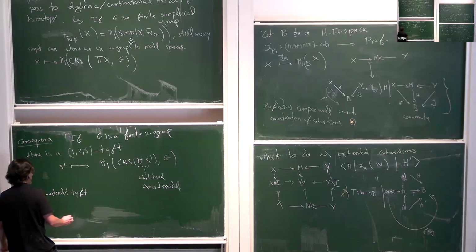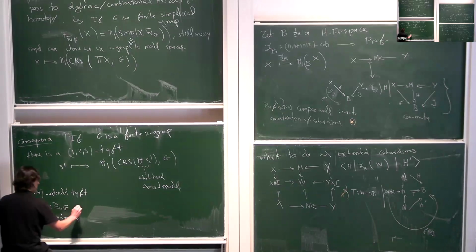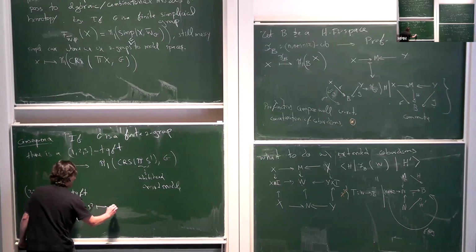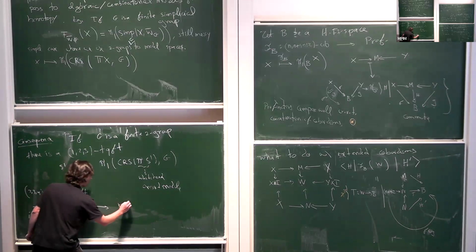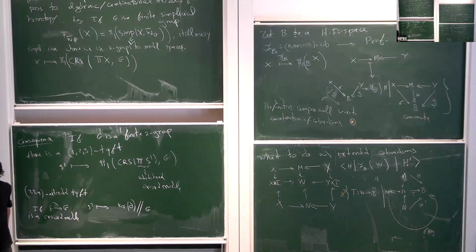For example, if I start with a crossed module of groups, it would send S2 to, I think in this case, you need to consider the action groupoid, and that's the groupoid you send S2 to.